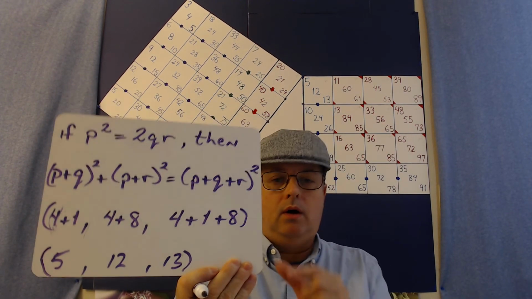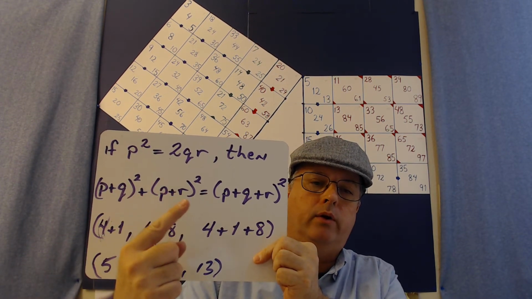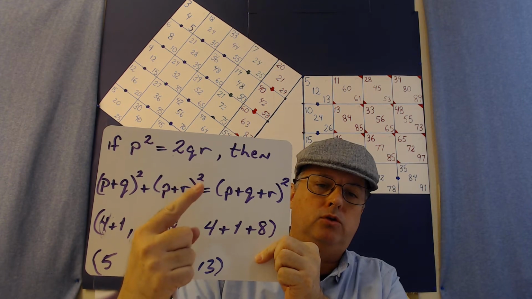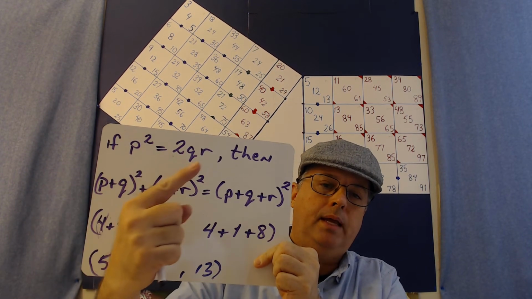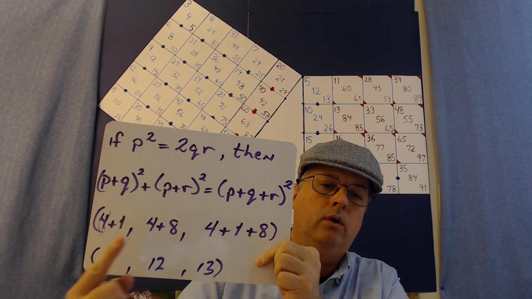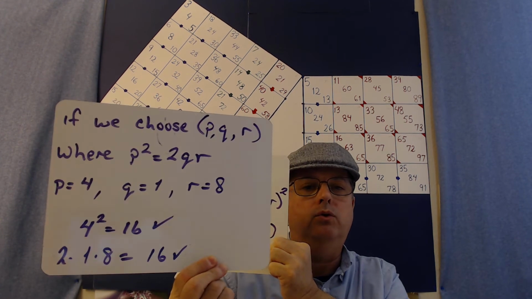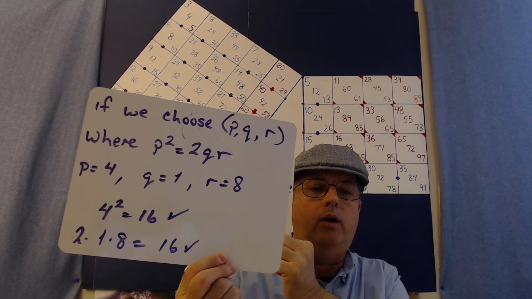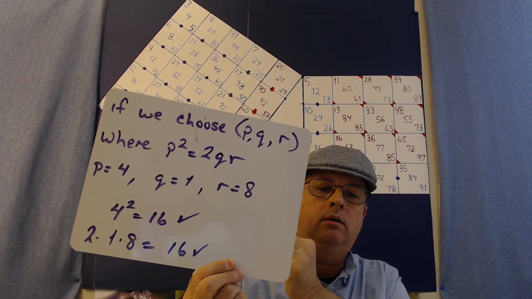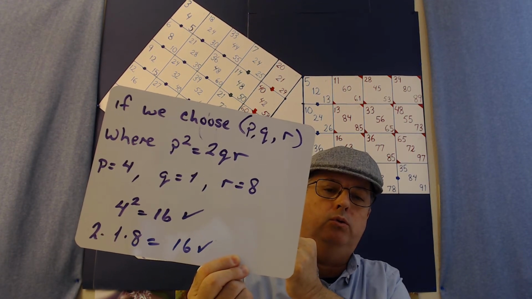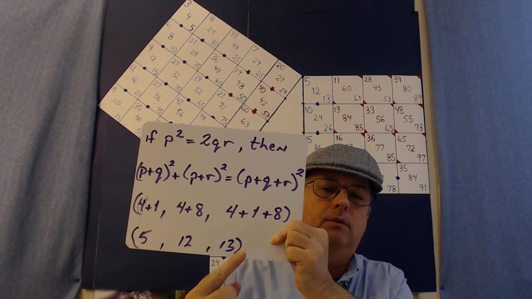So we know that this is true, that p plus q squared plus p plus r squared equals p plus q plus r squared if p squared equals 2qr. And we happen to choose 3 values, 4 and 1 and 8, where p squared is equal to 2qr. And that did, in fact, give us a Pythagorean triple there.